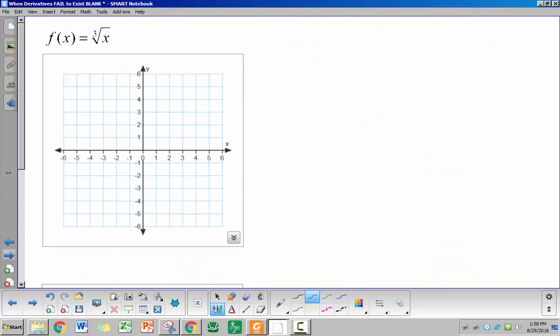All right, the next one is the cube root of x. So let's graph this one. Here's the cube root of x.